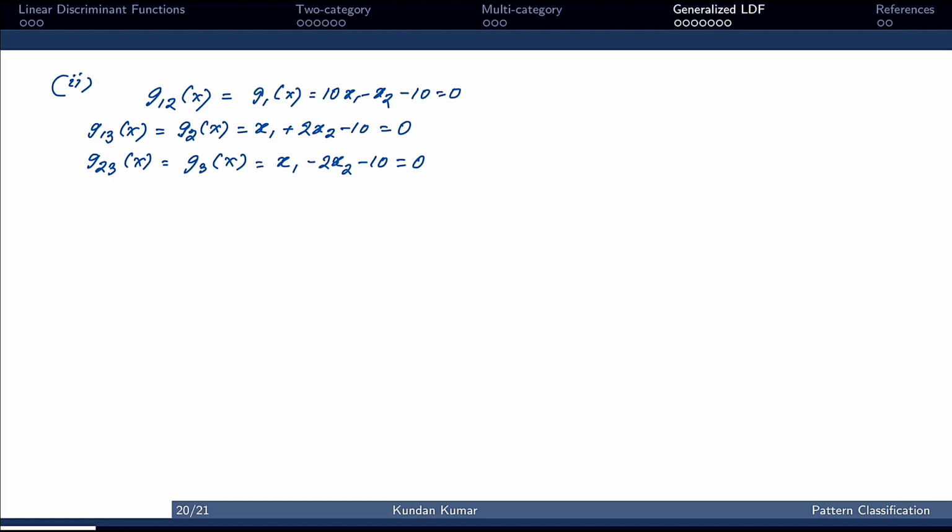So whatever the parameters are given, you can conclude that this is case 2.